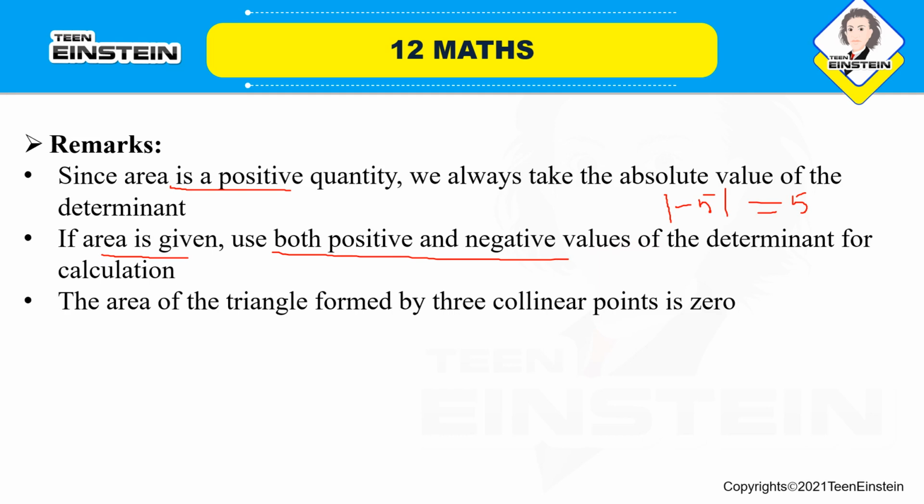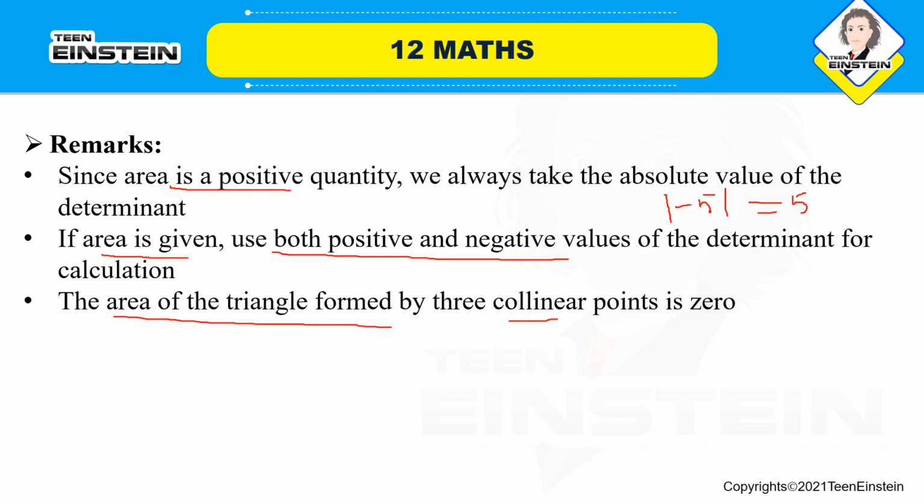What is the next remark? Remark 3 is the area of the triangle formed by three collinear points. What do you mean by collinear points? If all 3 points lie on the same line, those are three collinear points.